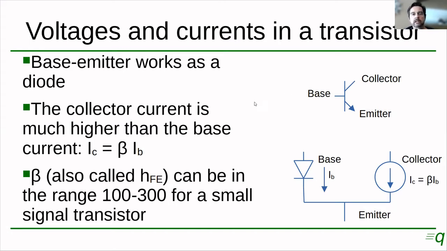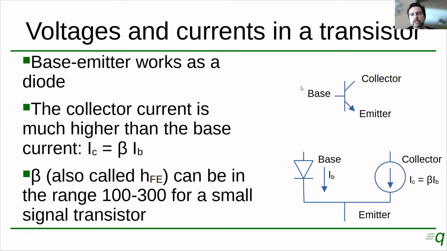Now, the collector current is much higher than the base current by a factor of beta, or HFE. Classically this was called the beta parameter, but in all the data sheets, you're going to see that reference as HFE. Anyways, beta can be in the range of 100 to 300 for a small signal transistor.